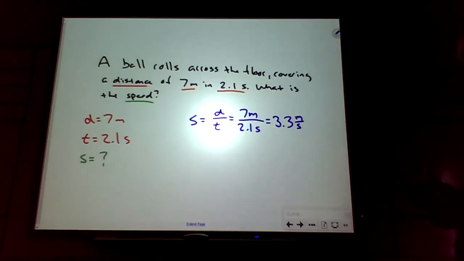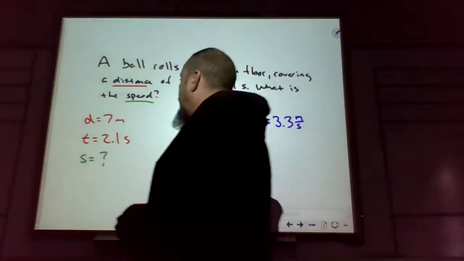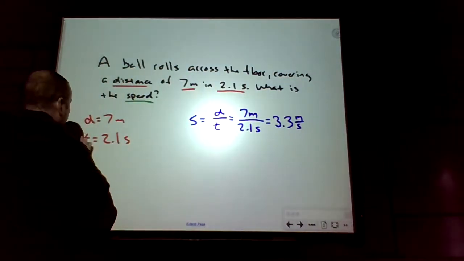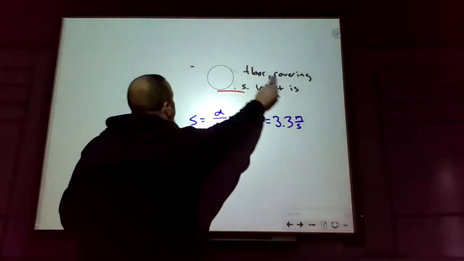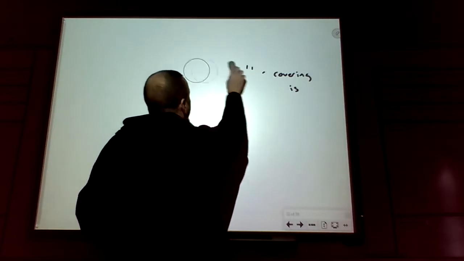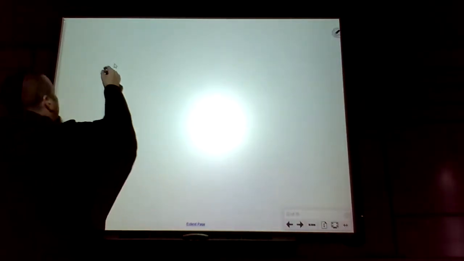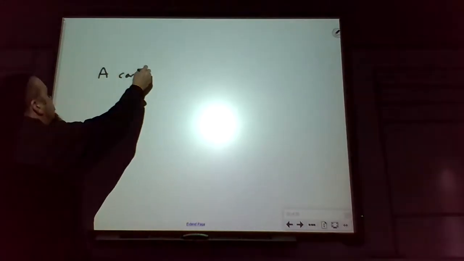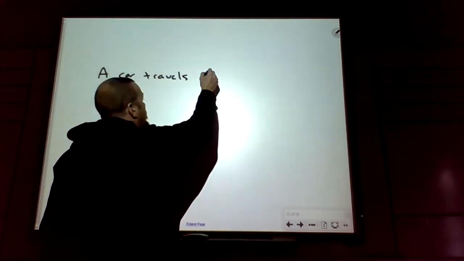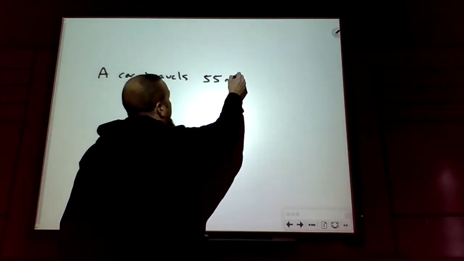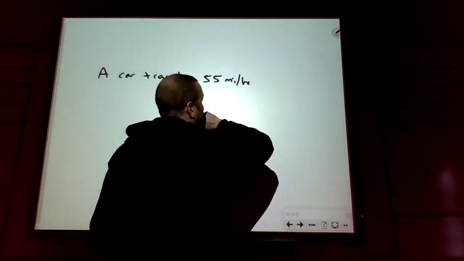You obviously have to be able to use these equations algebraically to be able to go in and solve for not just speeds, but be able to find distances and times as well. So a car travels 55 miles per hour.